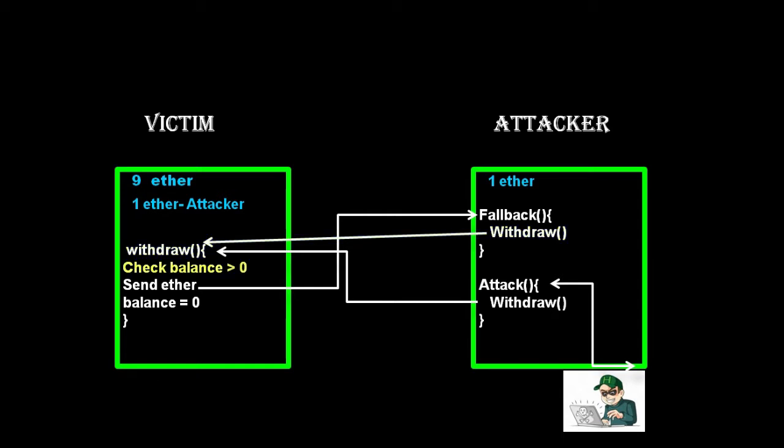It sends another ether to contract attacker. You can see here contract attacker has 2 ether, victim contract has 8 ether. The fallback function is triggered again. This means while the balance of contract attacker is not updated in contract victim, it can keep withdrawing ether. This is single function reentrancy.